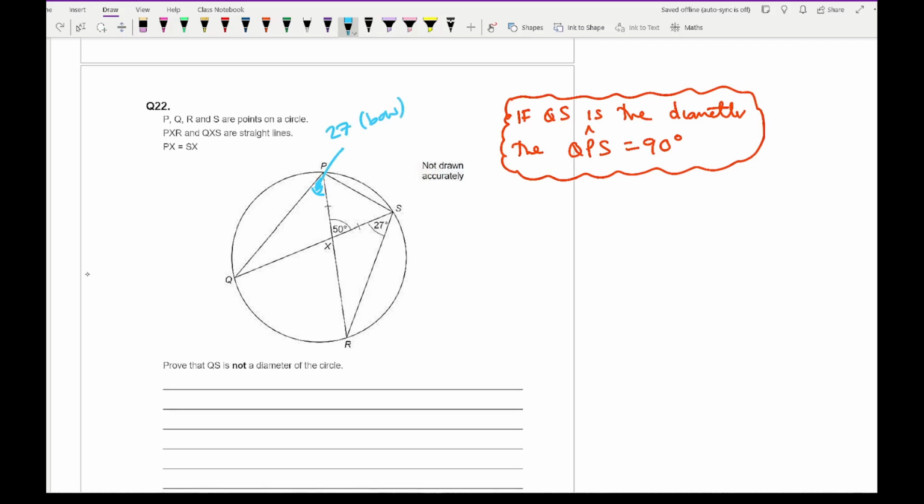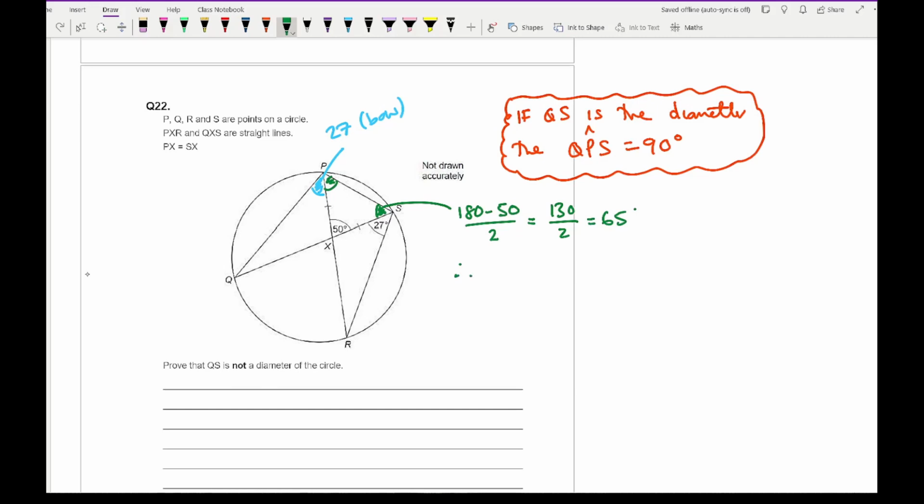And then looking at these two angles here, because the triangle PXS is an isosceles triangle, those two angles are going to be the same. So to work out this angle, I've got to do 180 take away 50, divided by 2. So that leaves me with 130 divided by 2, which equals 65 degrees.